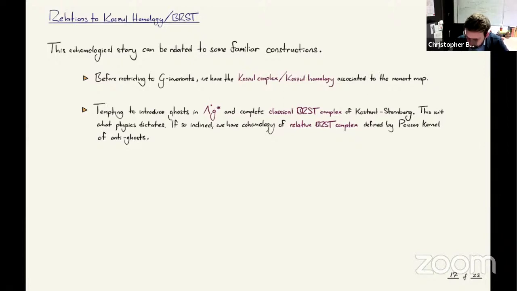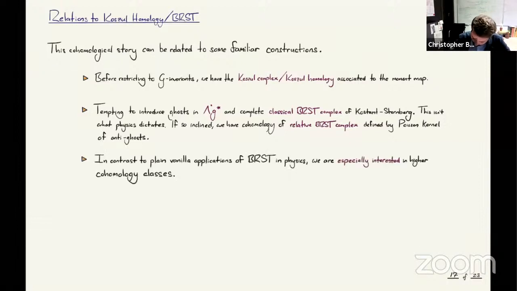If you really want to force this construction to live in the world of BRST cohomology, you can define a kind of relative BRST complex. But really, what you want to be doing is taking the Koszul complex and projecting to G invariance. And in contrast to the usual applications of BRST that show up in physics, at least in my physics, which might be lowbrow, here we're especially interested in higher cohomology classes that are coming out.